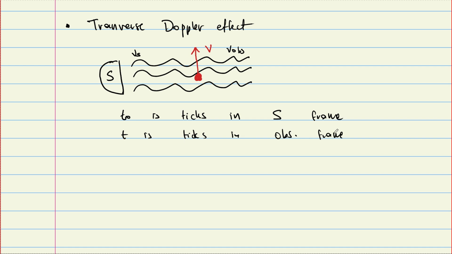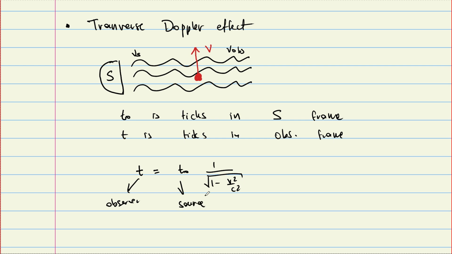But what is going to happen is the ticks in source frame is going to shift with respect to observer, right? Observer will see, so observer T is going to be T naught times 1 minus V squared over C squared. So that's observer. So this is source.